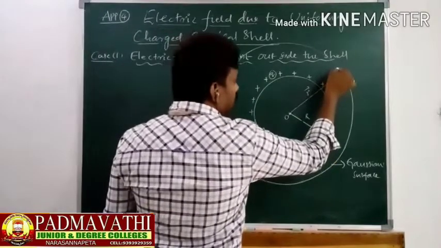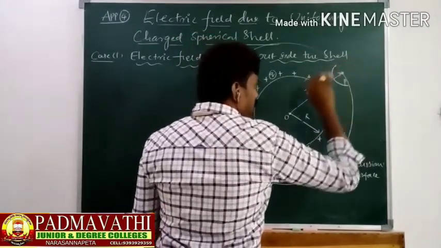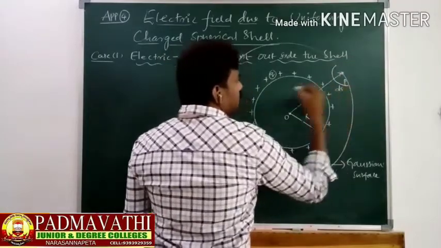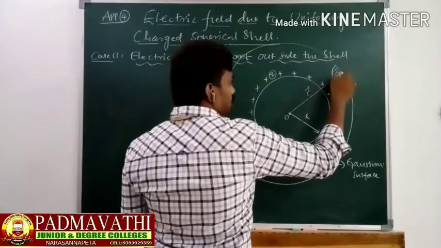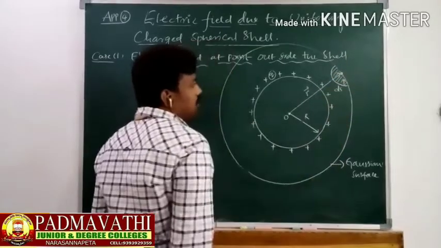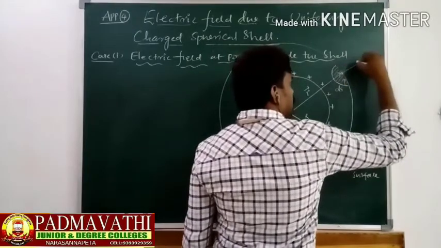So at point P, I am going to take a small surface area, that is nothing but ds. This small surface area is going to have a vector, that is ds bar, which will be outward like this. This is ds bar.